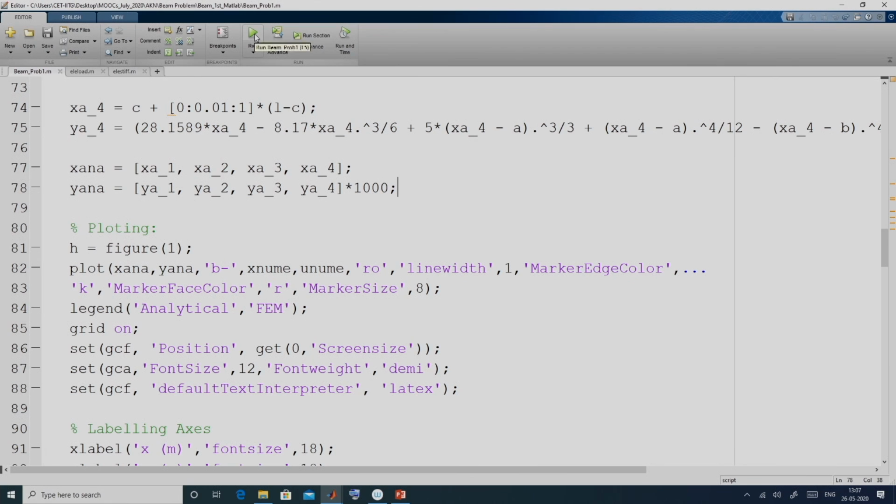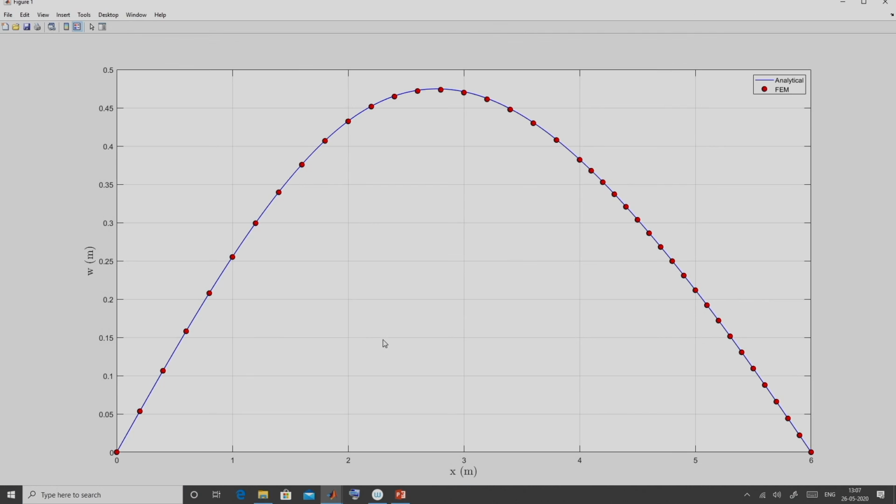Now, if you do the plotting of these two, you can see this blue graph is the analytical solution and these red dots are the FEM result. So, you can see here the FEM result is matching with the analytical.